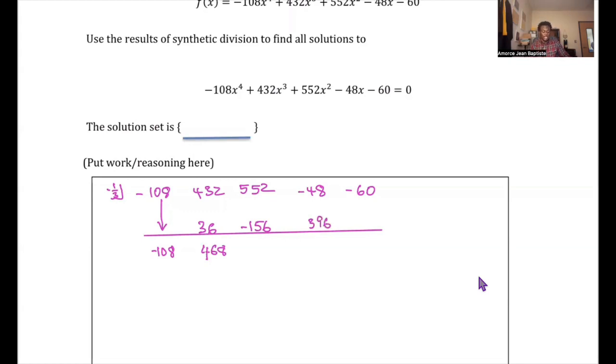Oh wait, there's a problem here. That should have been here.